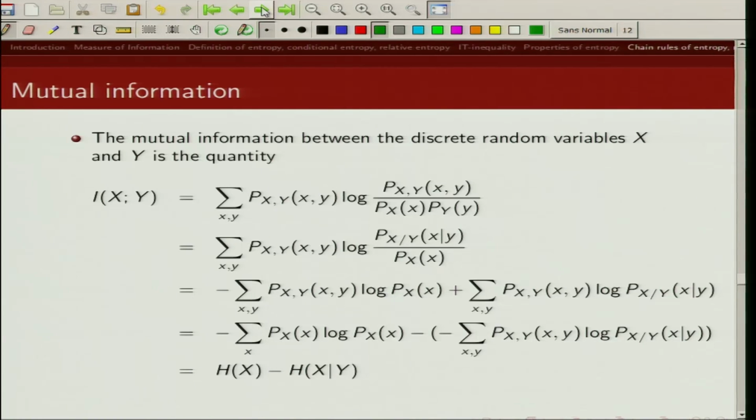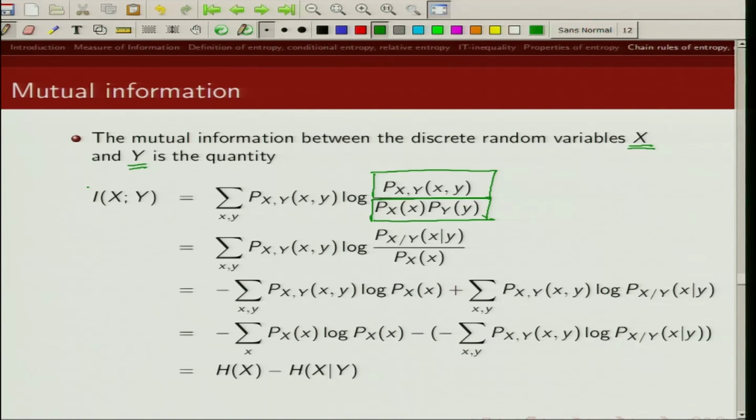Now let us define what we mean by mutual information. Mutual information between two random variables x and y is defined as the divergence between the joint distribution and the marginals. So it is defined as the expected value of log of joint distribution of x and y divided by marginal distribution p of x and p of y.